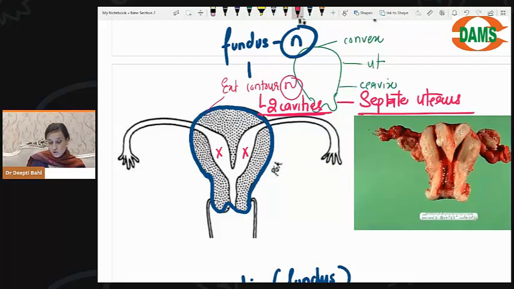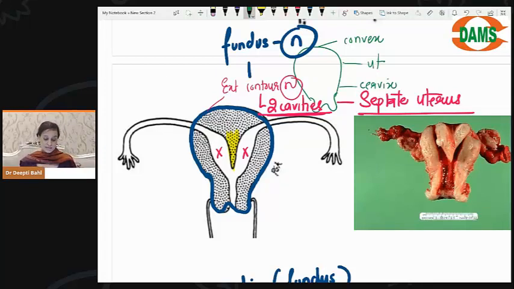Who is going to recall what I told you? Do you remember that I said canalization happens later by dissolution of the material inside? Now the dissolution has failed to happen in the midline. So in the midline, the dissolution of the septum has not happened. Who is going to tell me why it was important to know that the dissolution direction is caudal to cranial?